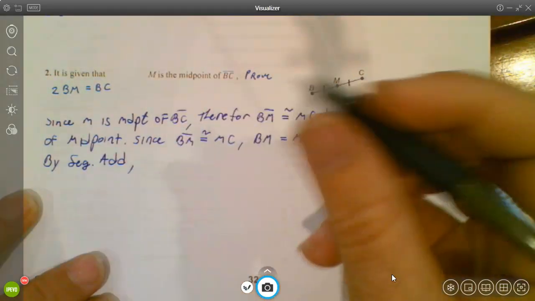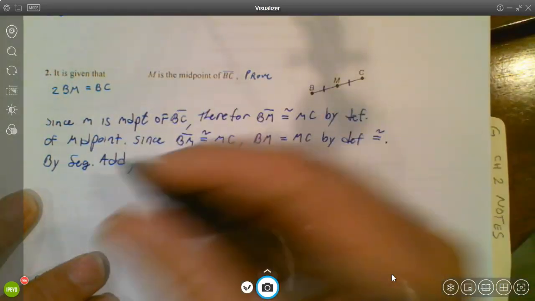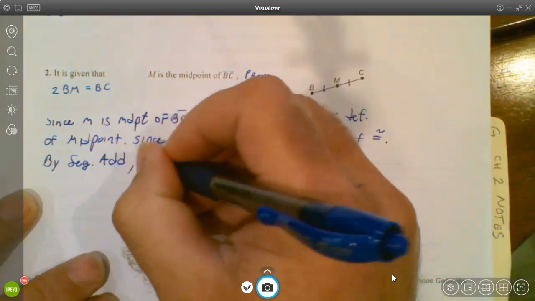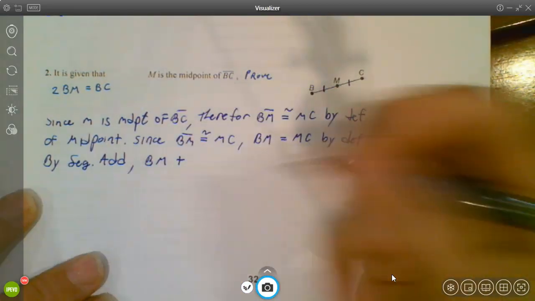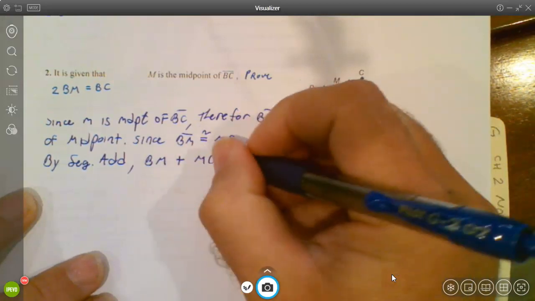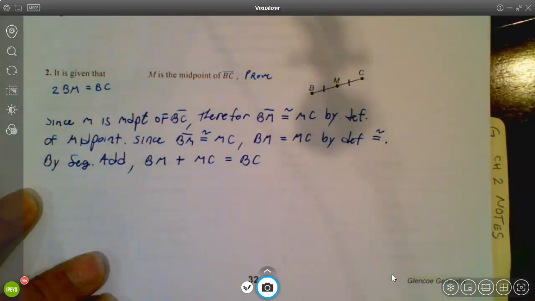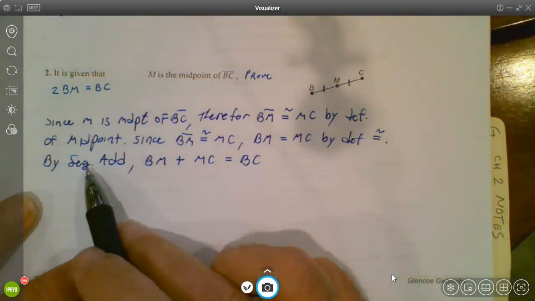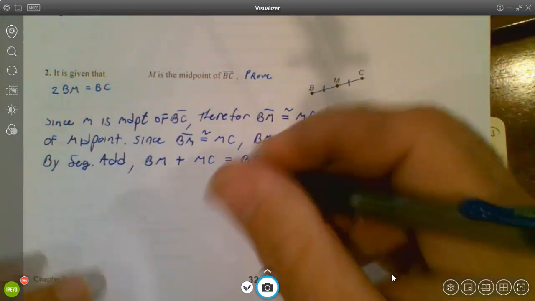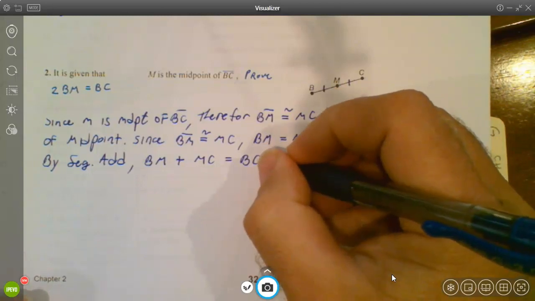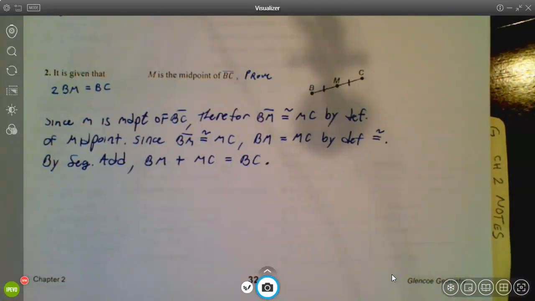So big idea from chapter 1. So here's our statement and here's our reason. We're always using some kind of geometry reason. Okay, so what do we got here?